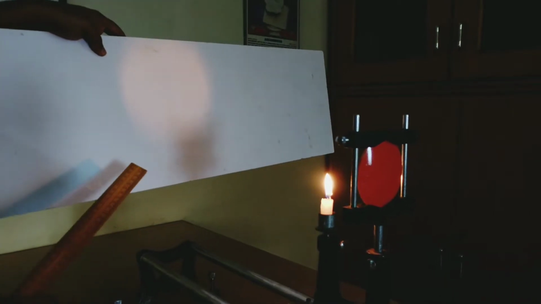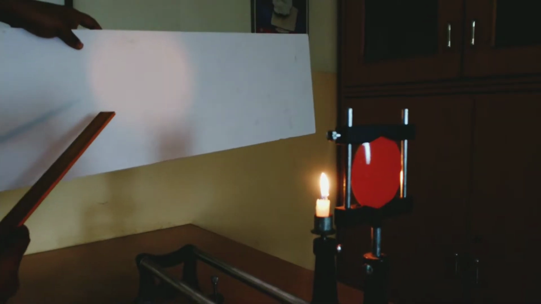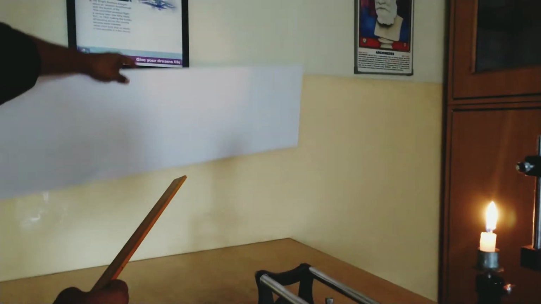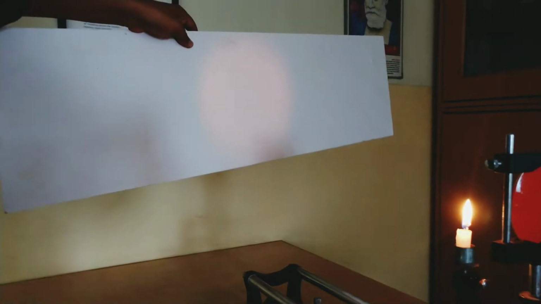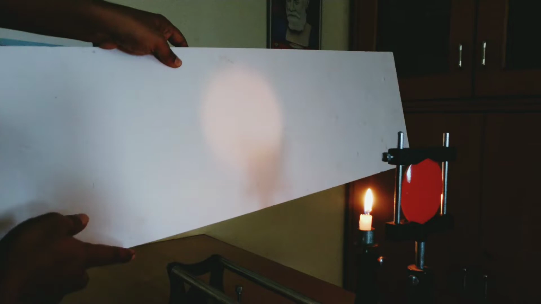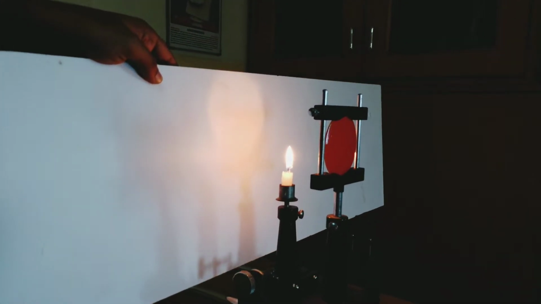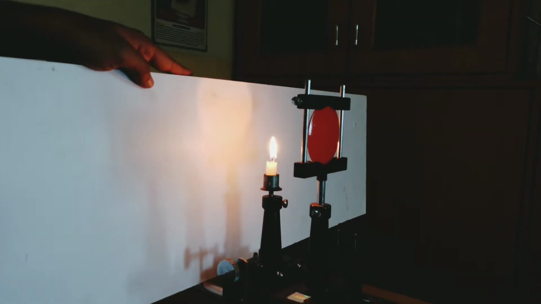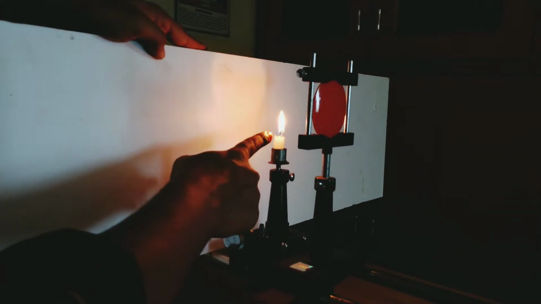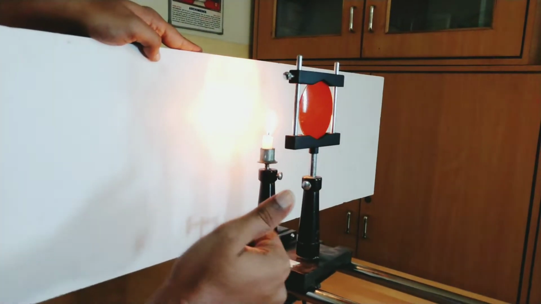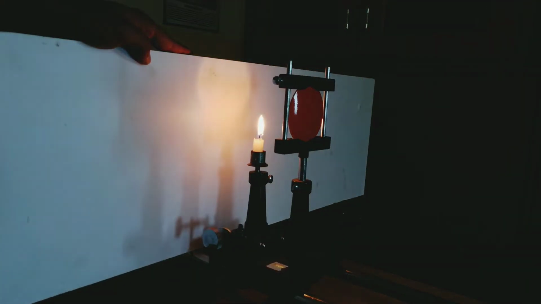You can see that there is no image formed, and all I can see is a circular bright spot. And even if I keep going, I never see an image. Why is that? Because when an object is placed between F and the pole of the mirror, you will get a virtual image. That means the image is now formed behind the mirror, which you can see only if you come in front of the mirror.